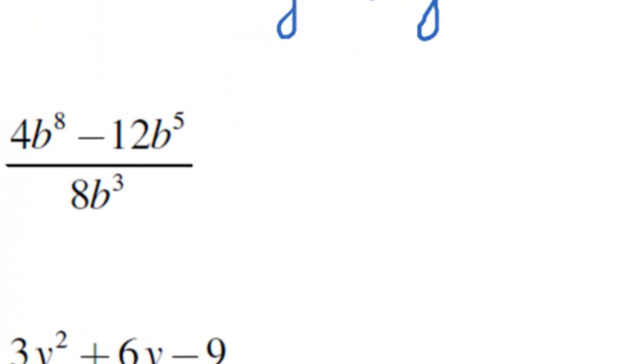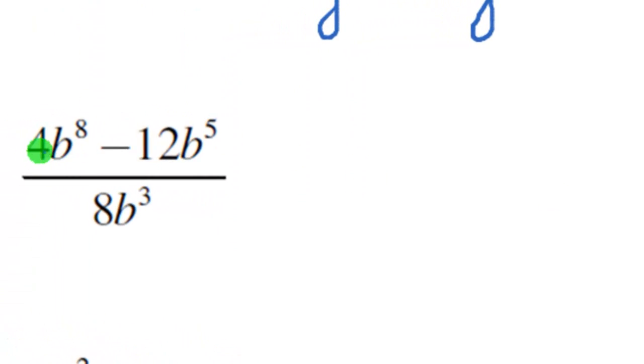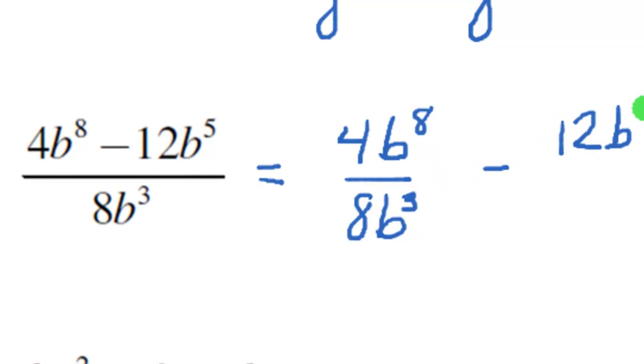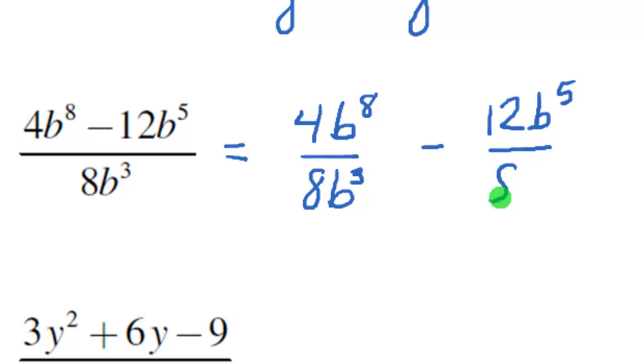Okay, let's look at the next one. Here we have 4b to the 8th minus 12b to the 5th divided by 8b to the 3rd, 8b cubed. Again, we're going to split those up into fractions: 4b to the 8th over 8b cubed minus 12b to the 5th over 8b cubed.